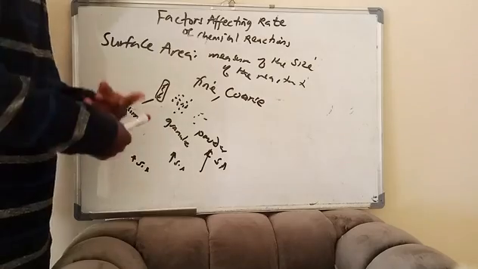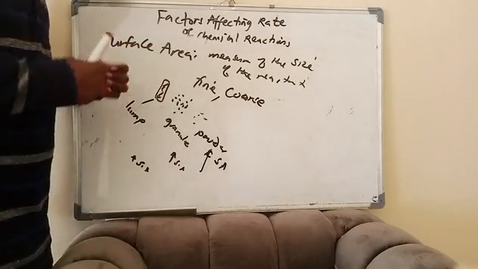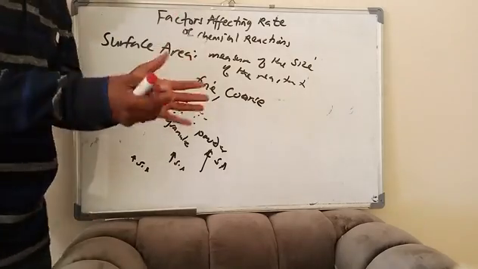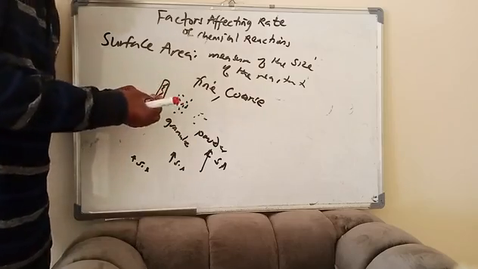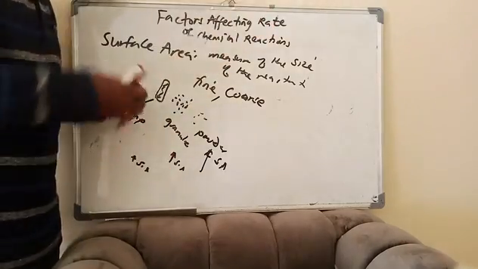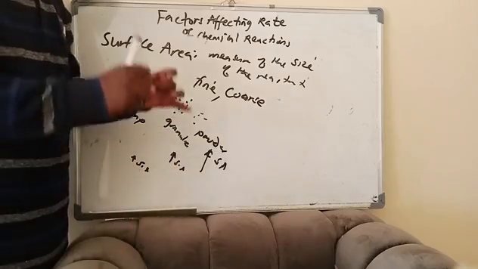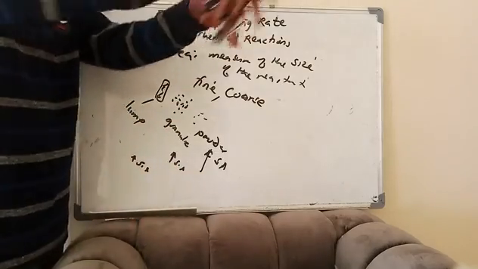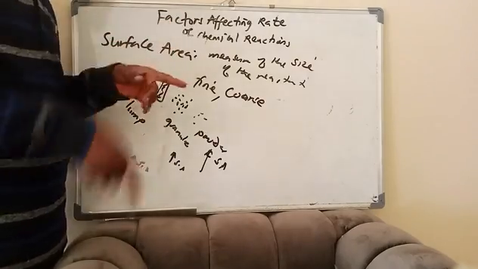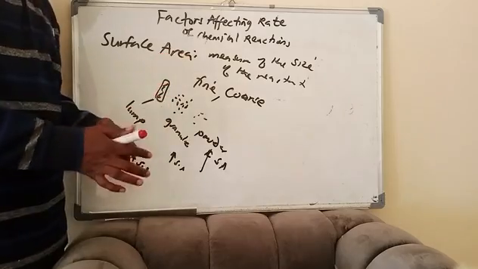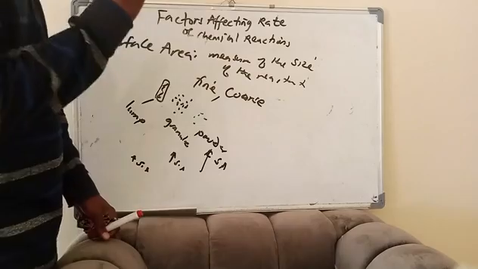And higher surface area increases the rate of reaction because reaction happens by exposure of molecules. So when the particles involved are exposed, then the reaction will be faster. You understand? The reaction will be faster, but they have to be exposed to the particles of the other reactant, or they have to be exposed to the condition of the reaction, like a pyro-process reaction that requires heat.